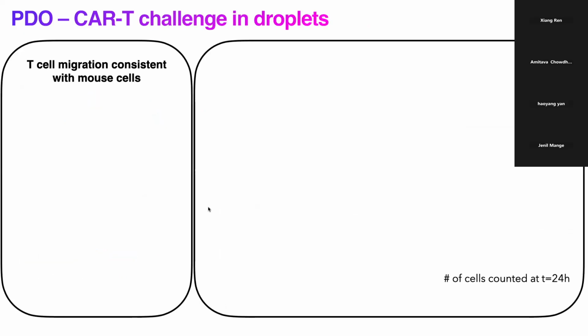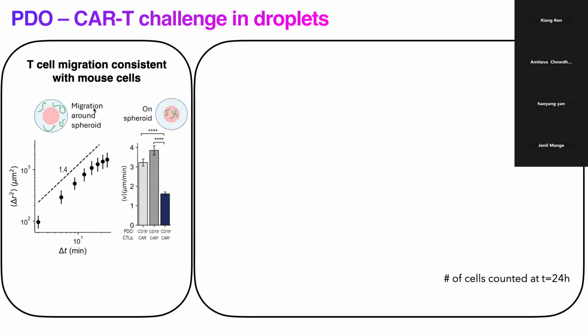By doing the same type of experiments, we find that by placing the CD19 transfected cancer cells with T cells that recognize CD19, they are able to migrate in the matrigel. And once they reach the spheroid, their velocity slows down very significantly.